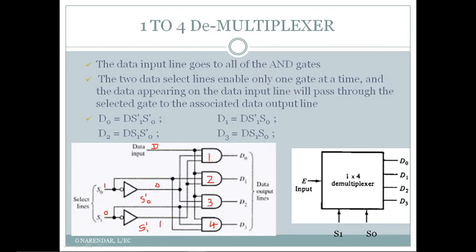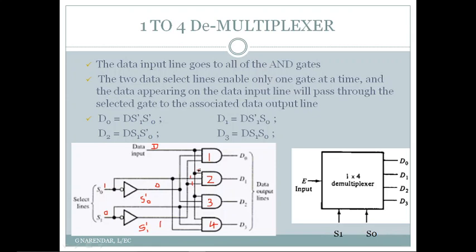That is the AND gate for which one input is S0 and the other input is S1 bar. Is it AND gate 2? Yes, it is AND gate 2, for which the inputs are S0, which is equal to 1, and S1 bar, which is equal to 1. So for this AND gate the two inputs are 1 and 1, and the other input is your data input.